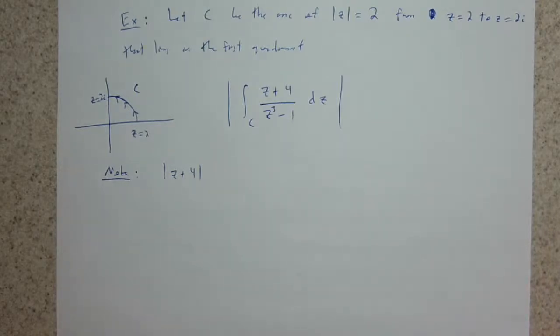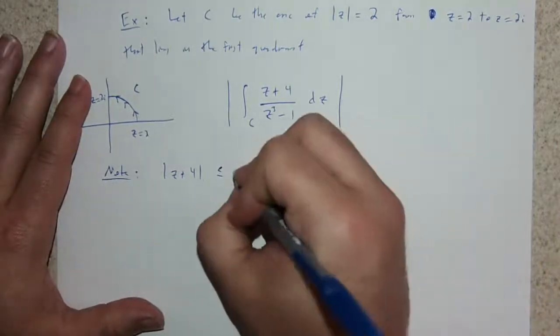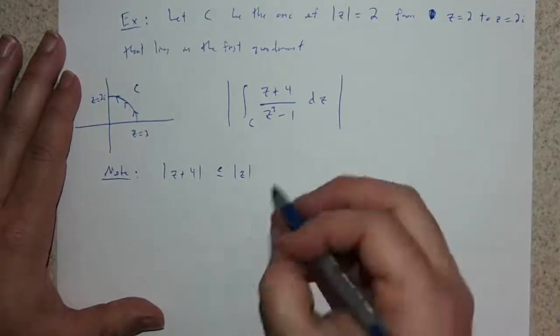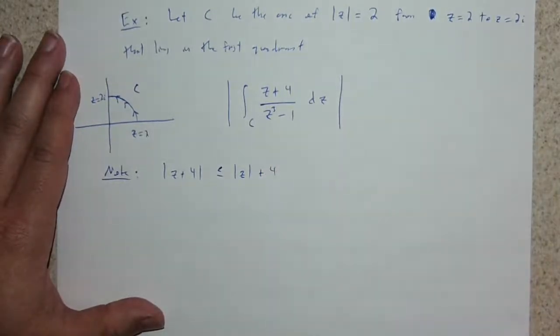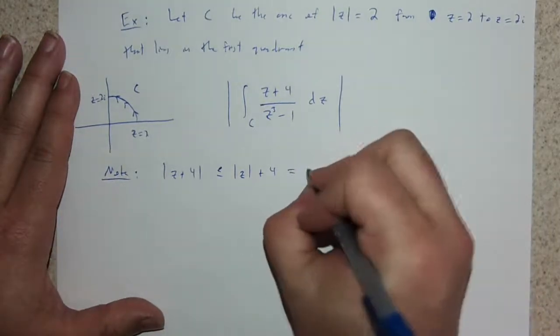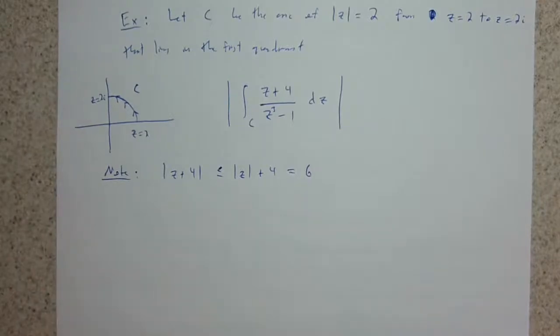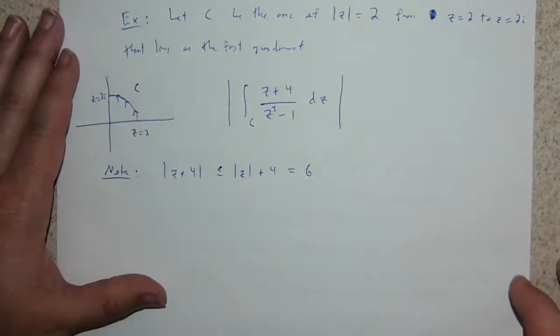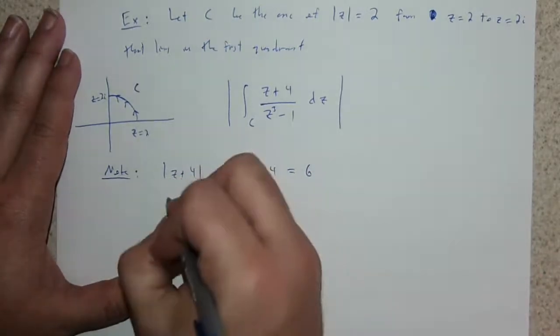If you were on the circle modulus of z equals 2, then using the triangle inequality, we know that the modulus of z plus 4 is less than or equal to the modulus of z plus 4, but since modulus of z is 2, this is 6. So modulus of z plus 4 is less than or equal to 6. All those things you were asked to do had purpose. It wasn't just mindless algebra for no reason. This was grinding it into your muscle memory.